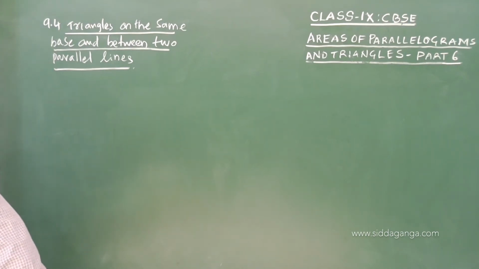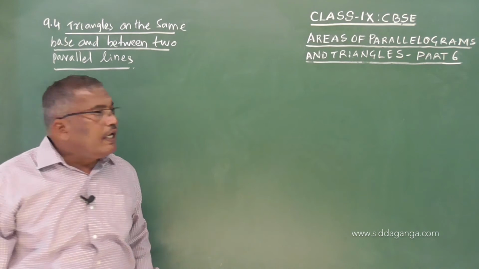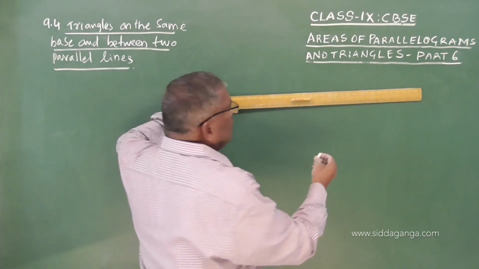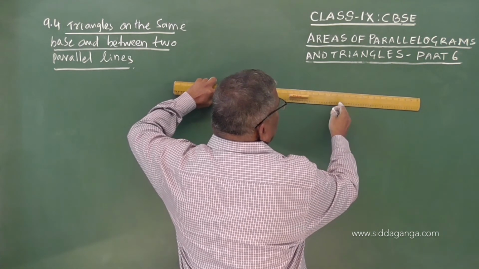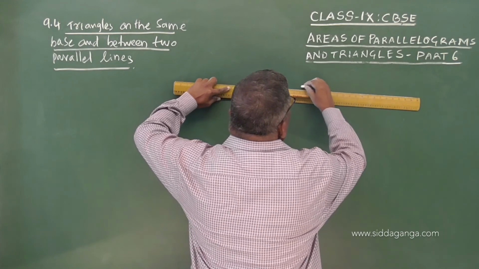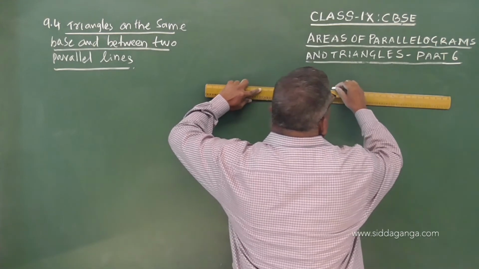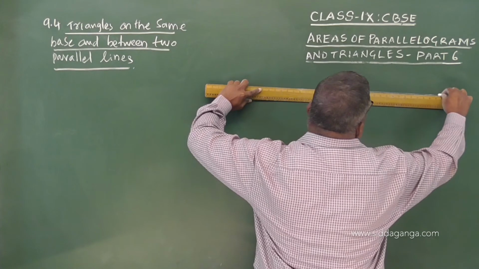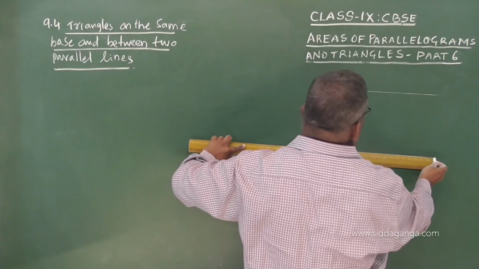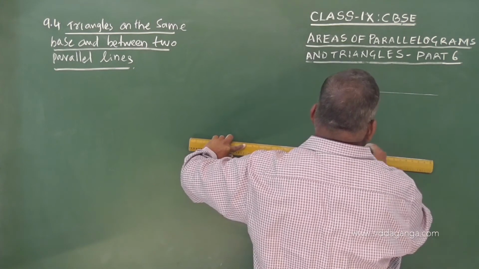So, for that I will take up two triangles which are resting on the same base. So, let us have a diagram. Suppose this line is parallel to this line.